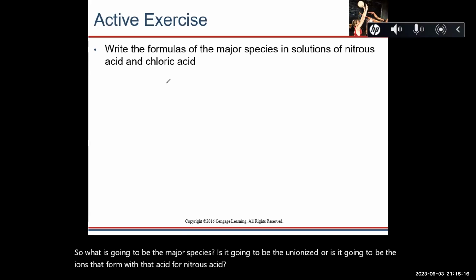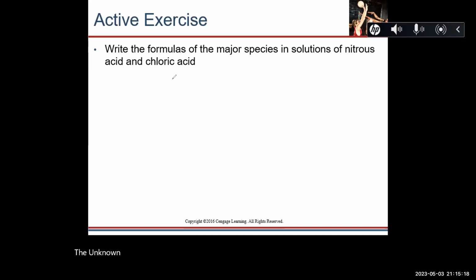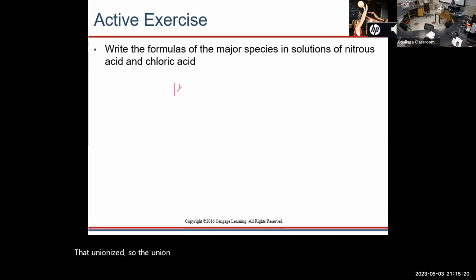The unionized. So we know that nitrous acid is going to be HNO2. Okay, so this is going to be our major species in our solution.